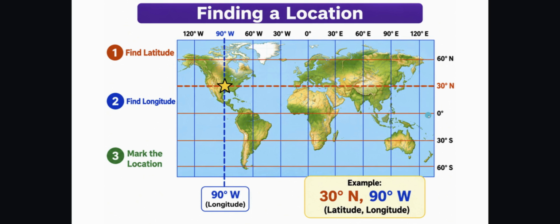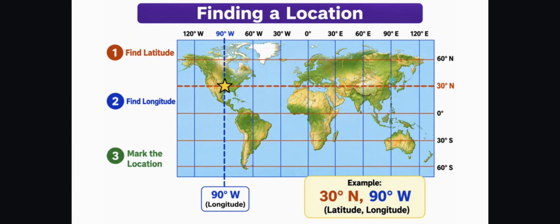Next, find the longitude, by moving east or west until you reach the correct longitude line. The exact location is where those two lines cross.